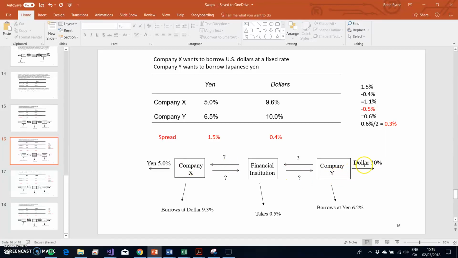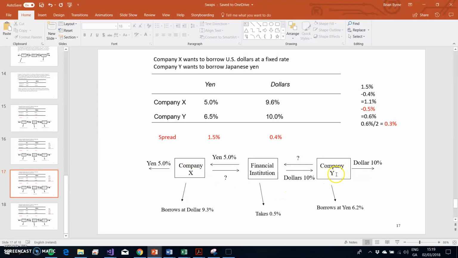So if Y is paying out 10% in US dollars and X is paying out 5% in yen, we have to engineer both 5% being paid here in terms of yen and 10% being paid here. So the next step is a foregone conclusion, given that these rates are what Y pays and what X pays. We've got to deliver to them an equivalent interest rate denominated in the same currency in order to remove currency risk.